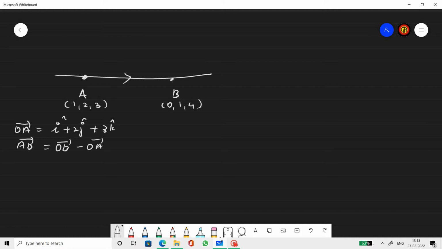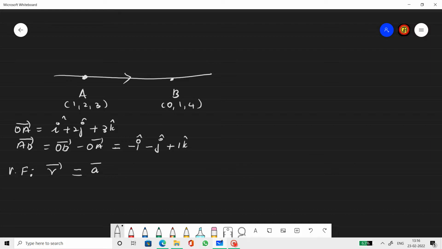That will give me (0 minus 1) i, (1 minus 2) j, and (4 minus 3) k, that is minus i minus j plus k. So this is AB vector. So OA is the position vector of the passing through point A and AB is the direction vector. So the formula is R vector for the vector form.